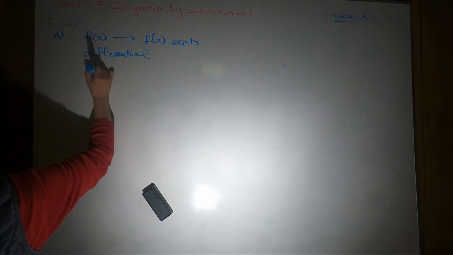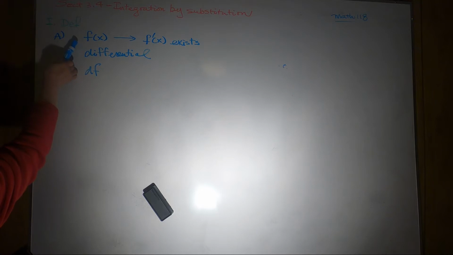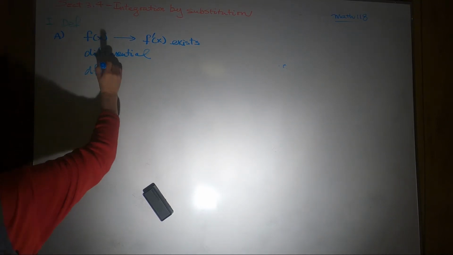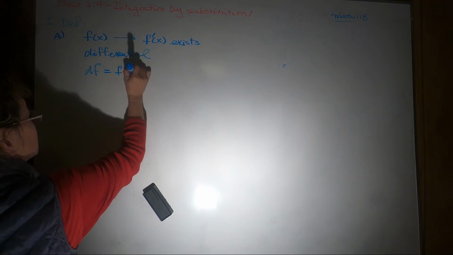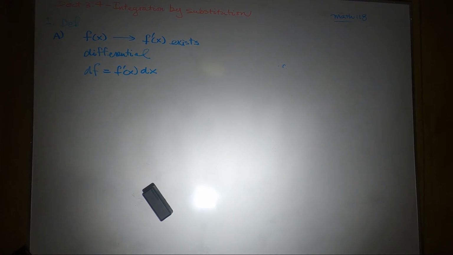We write it this way, df, which means we take the derivative with respect to x at this point.